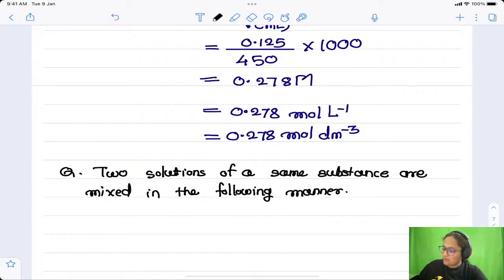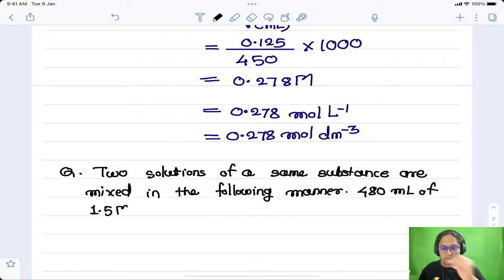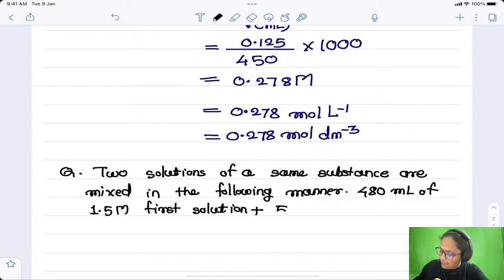Full stop. So 480 ml of 1.5 M, capital M stands for molarity, 480 ml of 1.5 molar first solution plus 520 ml of 1.2 molar second solution.